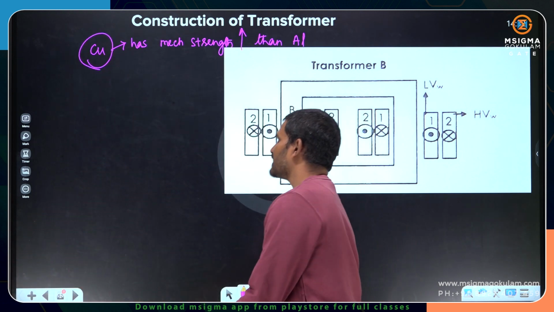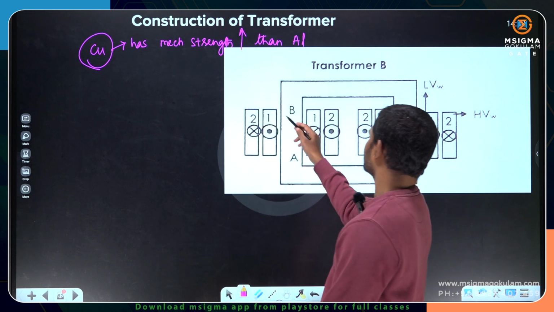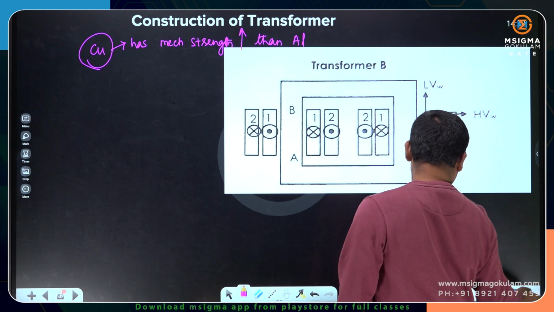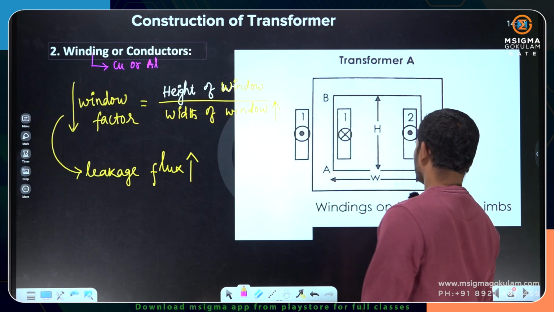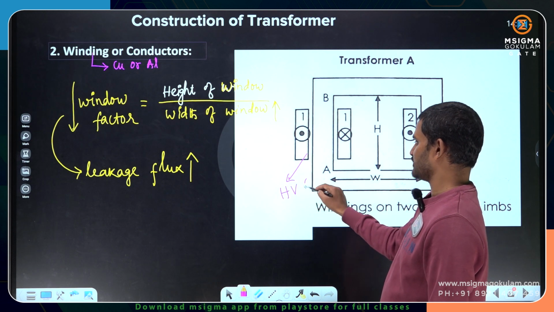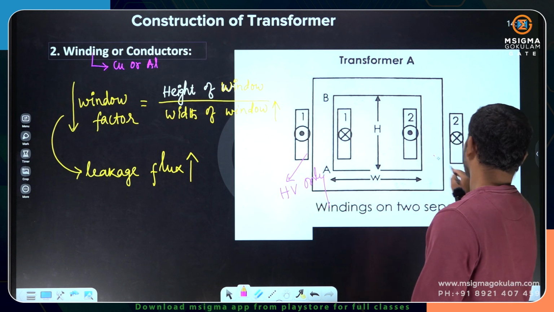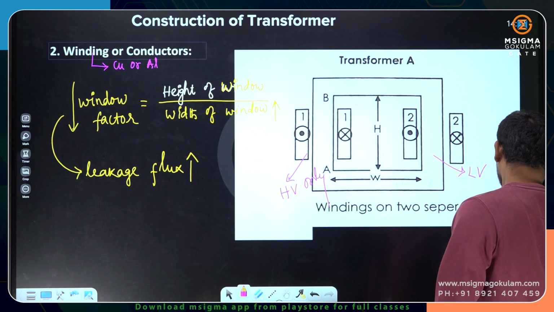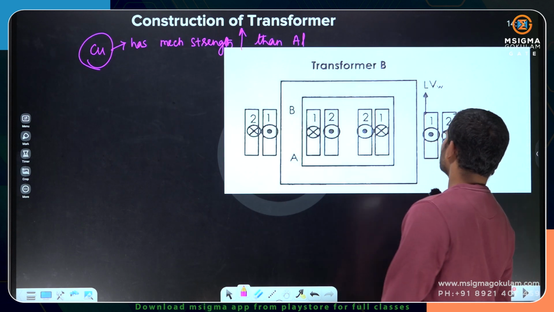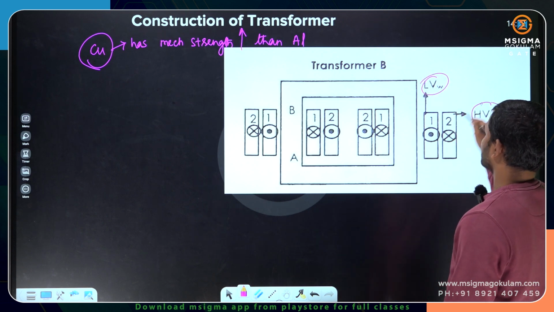Now, how to place a winding on the cores? You see the previous diagram and the present diagram. In the previous diagram, let us take up only the high voltage winding, HV, and here LV only. In this, you see LV and HV.